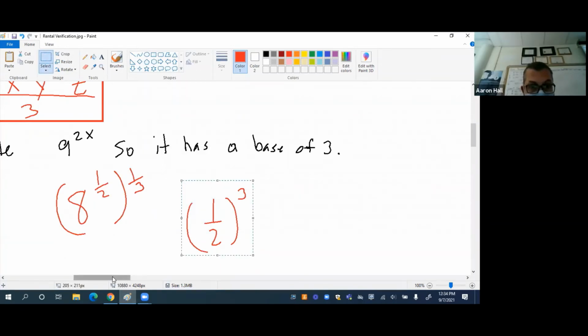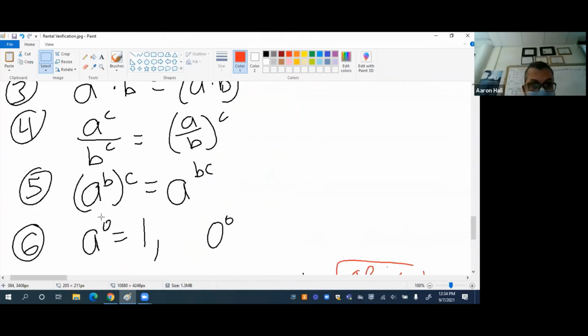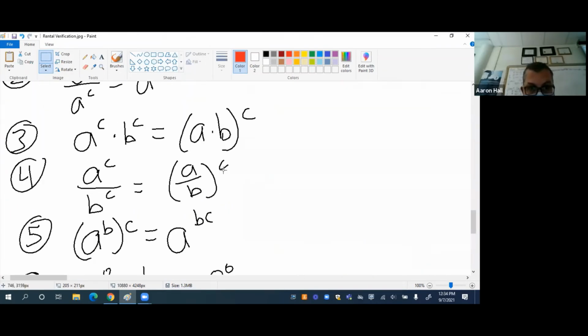Copy. It looks suspiciously like this one right here. Don't you think? Oh, okay. So do you see that the 3 belongs to the numerator and denominator? Okay, cool.